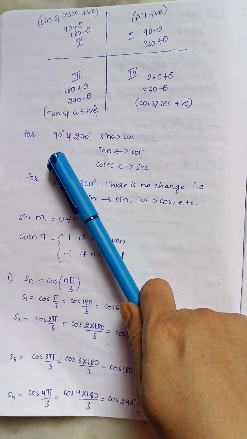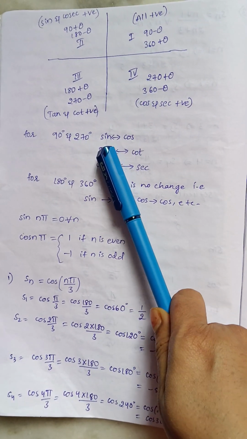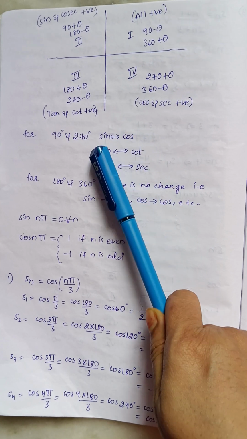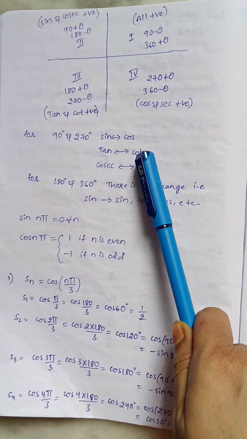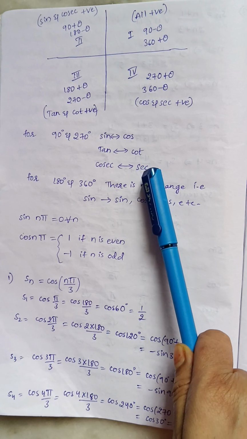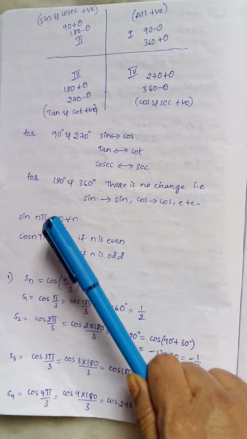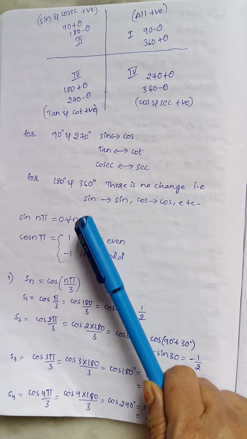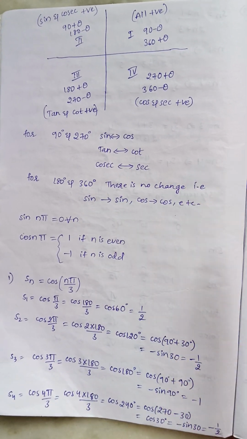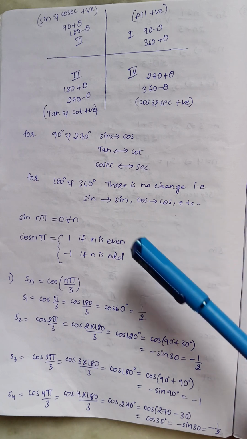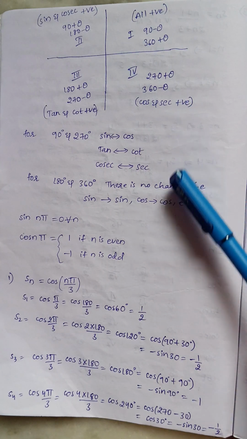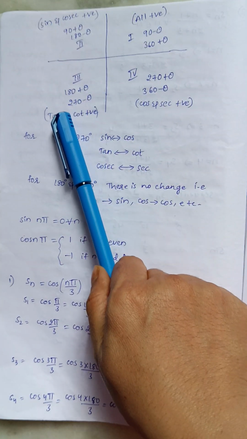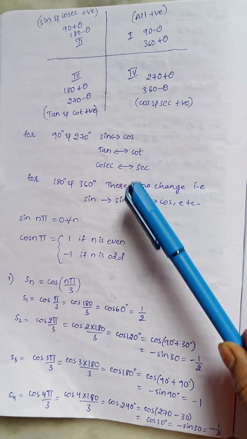Then for 90 degrees and 270 degrees, sine changes to cos, cos changes to sine, tan to cot, cot to tan, cosec to sec, sec to cosec. For 180 degrees and 360 degrees, there is no change. So sine means sine, cos means cos, like this. To remember all those things, you should learn this table and these conditions.